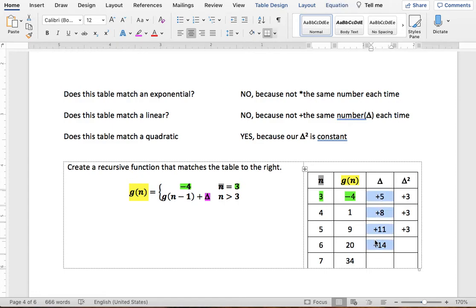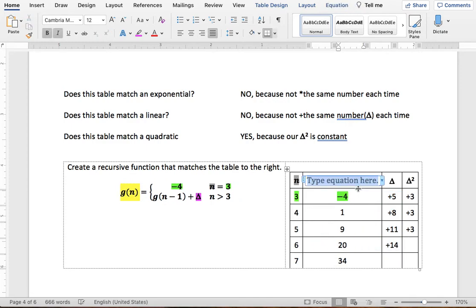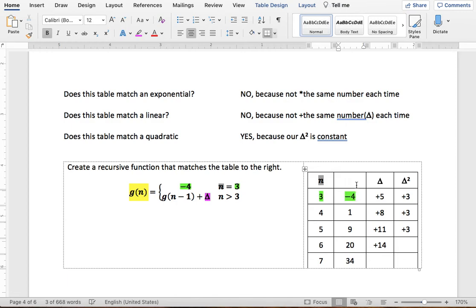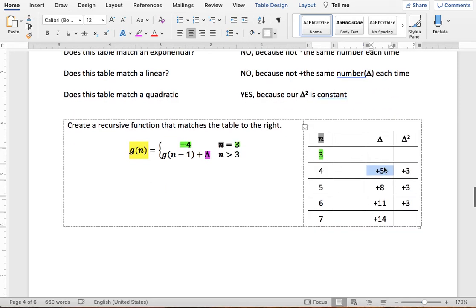Cool. I'm going to ignore this column. I'm literally going to delete it, so I can't pay attention to it. And then I'm going to move this one down. And let's create the equation for this change column.